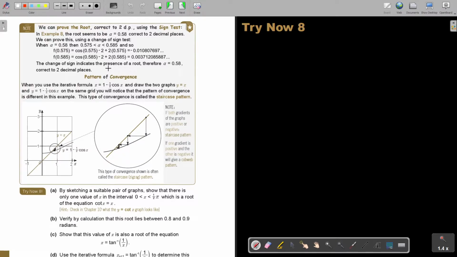But I want you to look at this. When you use the iterative formula and draw the 2 graphs on the same grid, you will notice that the pattern of convergence is different in this example than in the previous examples I showed. This type of convergence is called the staircase pattern.